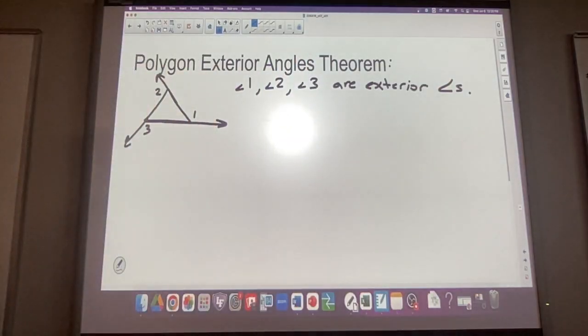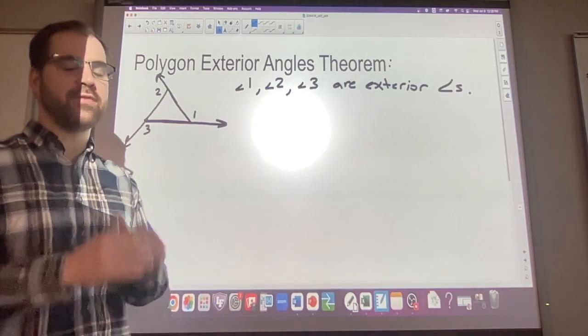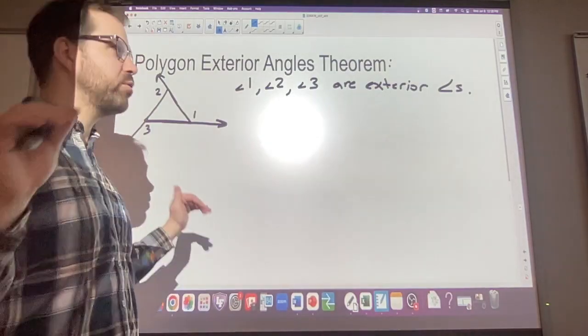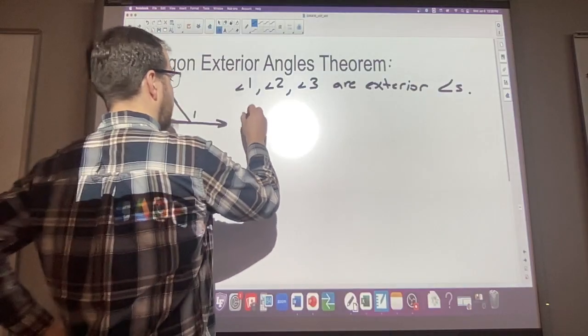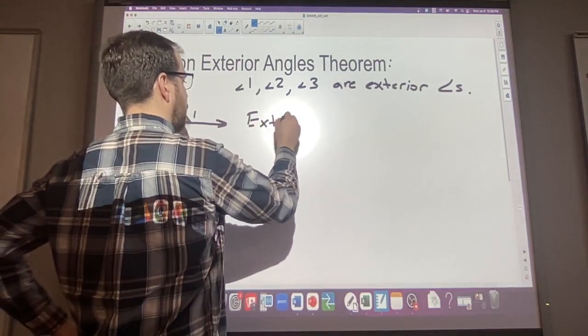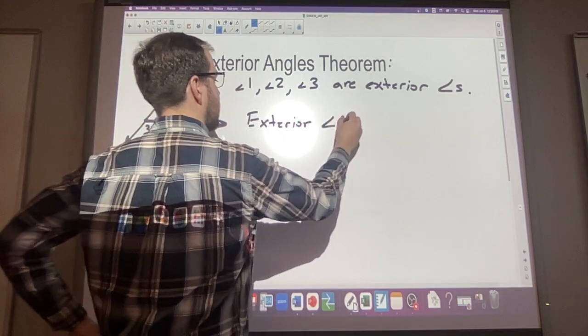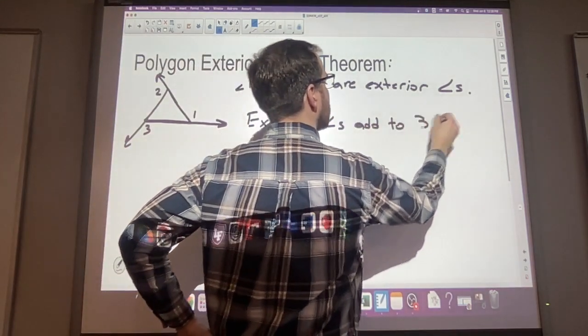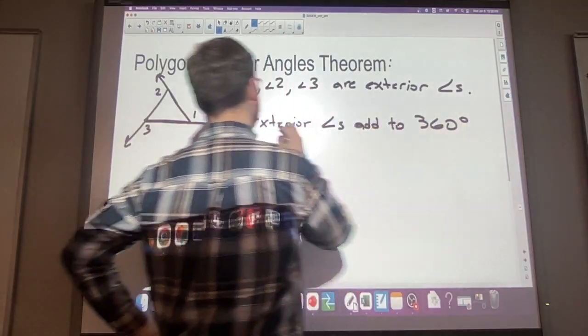And here's the key fact. They always add to the same number. It doesn't matter if it's a quadrilateral, pentagon, octagon, dodecagon. Exterior angles add to 360 degrees.